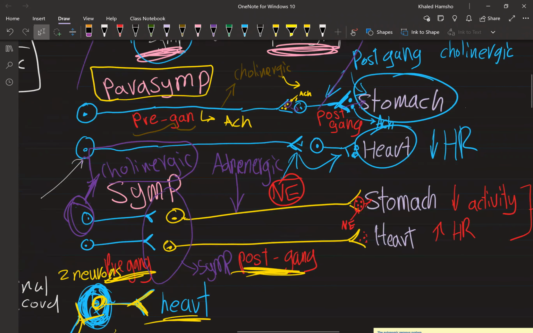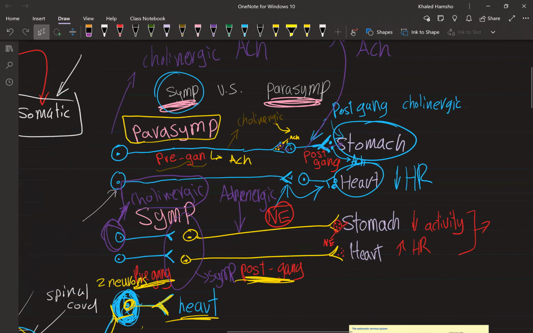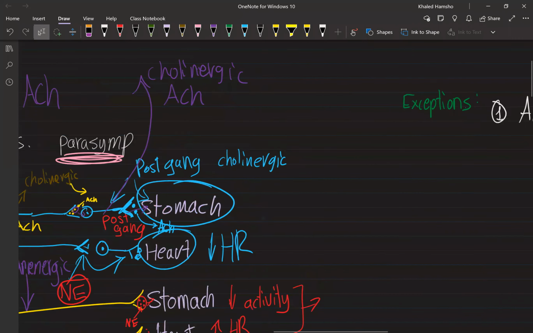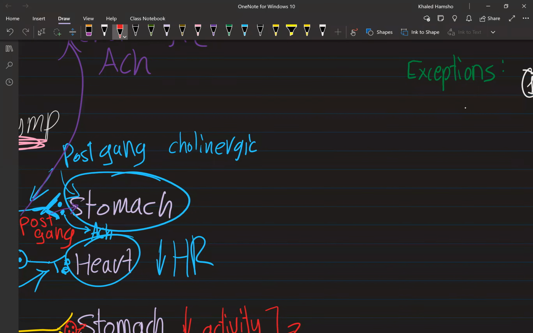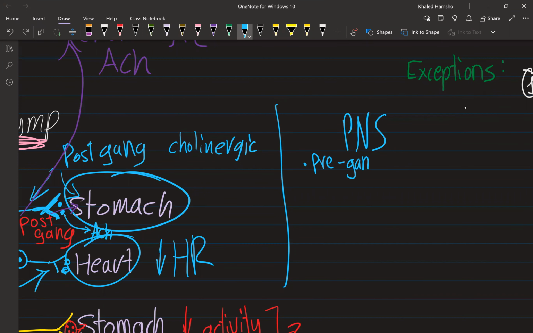So let's quickly summarize the differences between these two systems in terms of these neurons. In the parasympathetic nervous system, I'm going to use blue here just to stay consistent. We know that the preganglionic neuron is long and cholinergic.